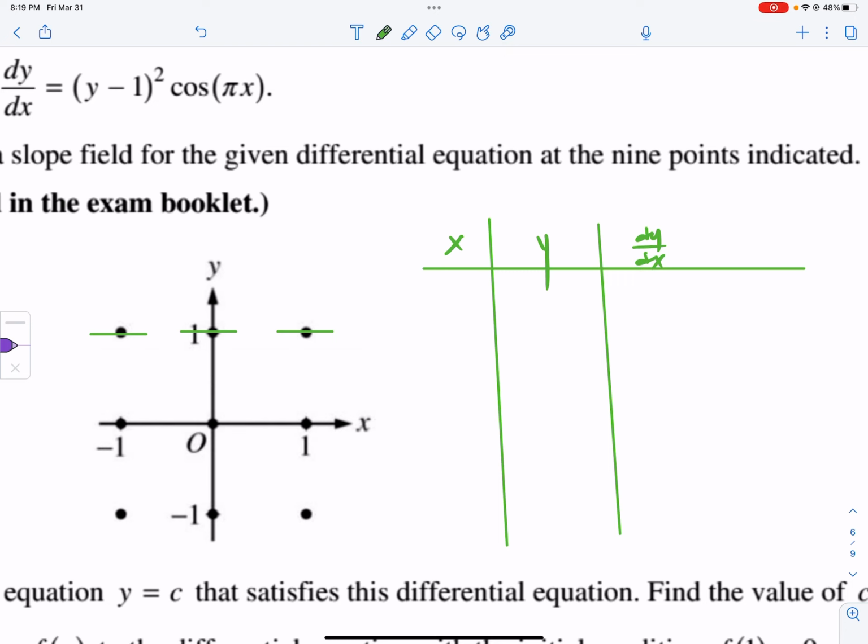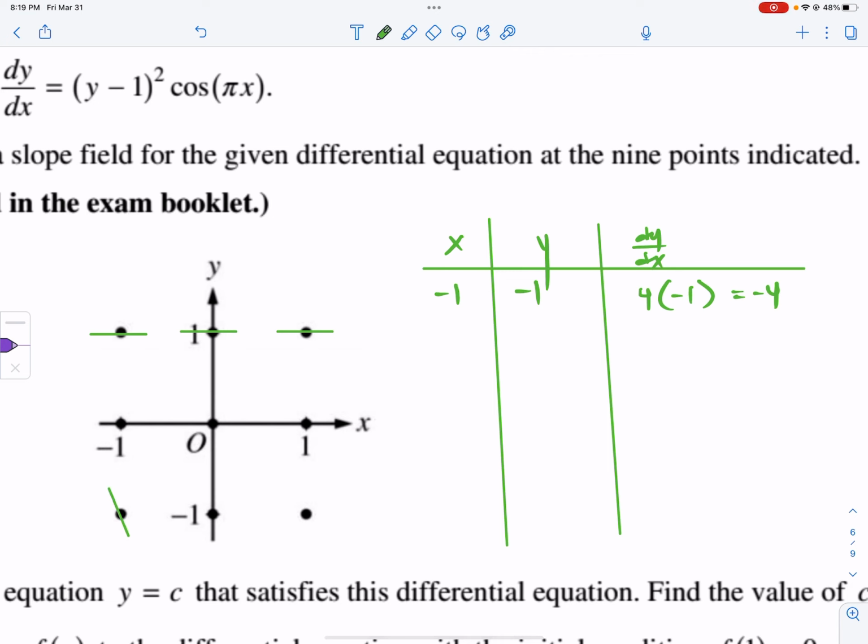Okay, so if we were to plug in -1, -1, so starting with the bottom left corner, that would end up being, well, -1 minus 1 would be -2 squared would be 4. And then cosine of negative pi is the same as cosine of pi, which would be -1. So we get -4.